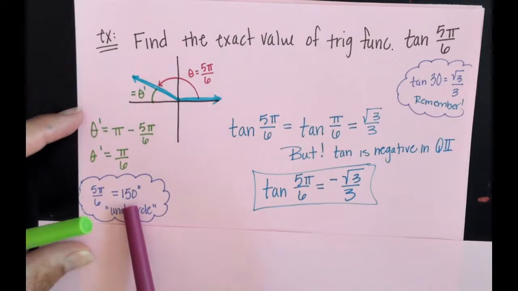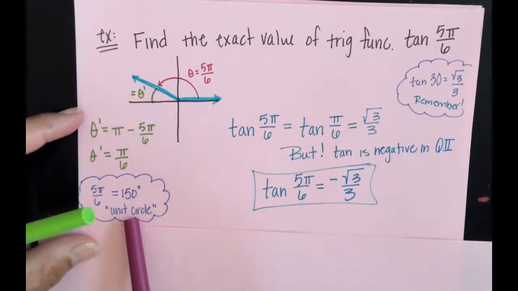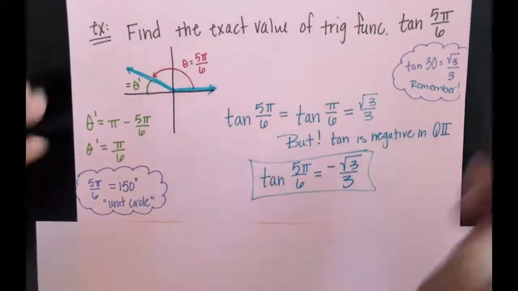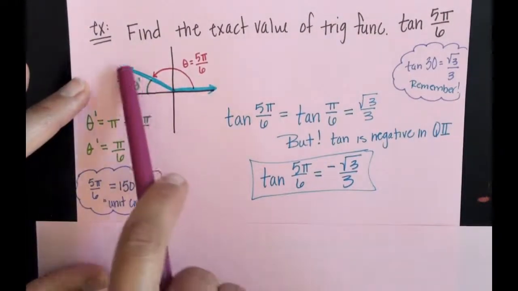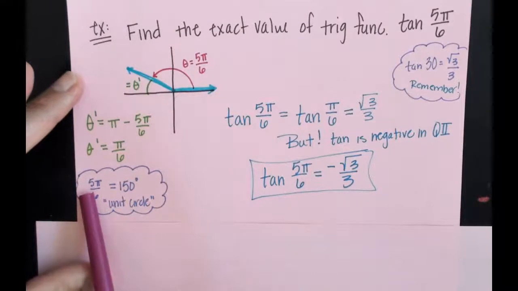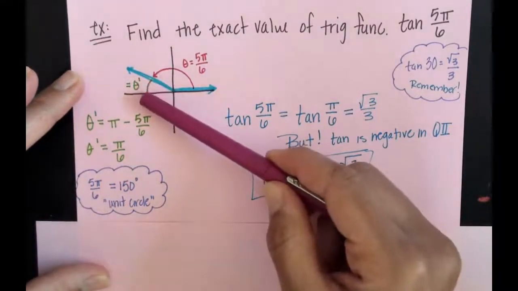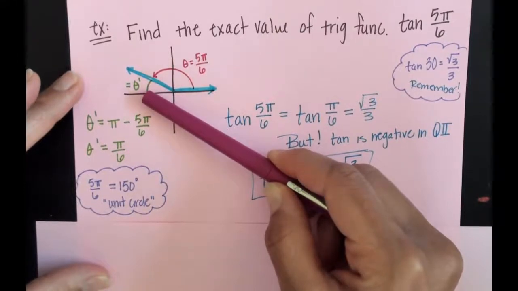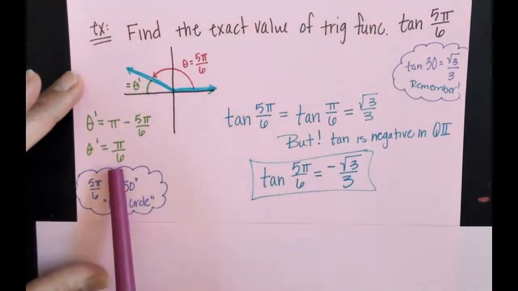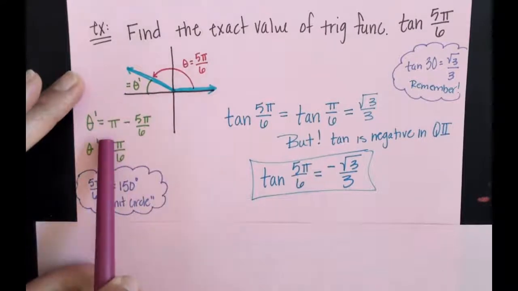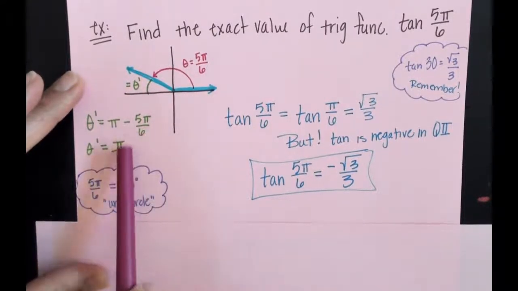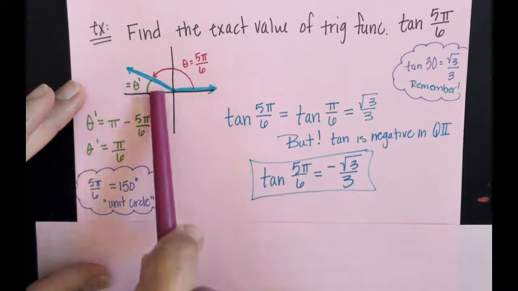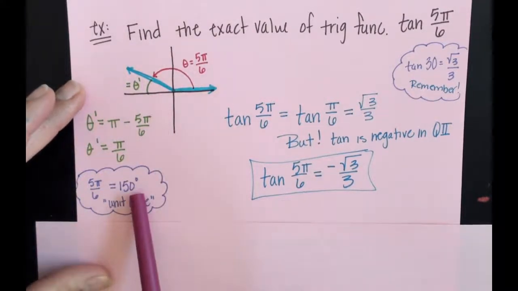I did multiply by 180 over pi, or I could have looked at my unit circle and had that in front of me and know that our 150 degrees is 5 pi over 6. But what I am working with now is this reference angle, and that would be our 180, so pi minus 5 pi over 6 leaves us with just pi over 6. Pi over 6 obviously is going to be 30 degrees.